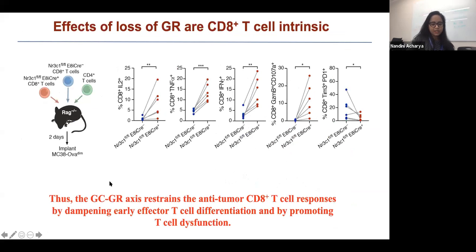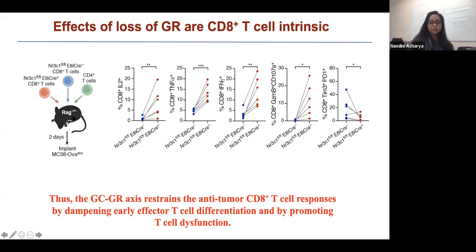Now, the final question in this section that we asked is, are these changes that we are seeing in CD8 T cells upon loss of glucocorticoid signaling intrinsic to the CD8 T cells? So to answer that question, we performed this transfer experiment where we took the wild type and knockout CD8 T cells that are congenically marked. So the wild type T cells are marked by CD45.1 and the knockouts have CD45.2.